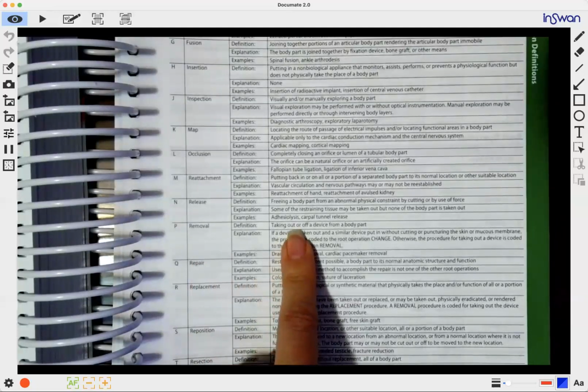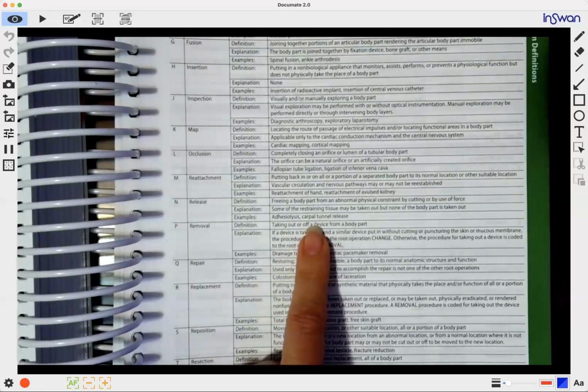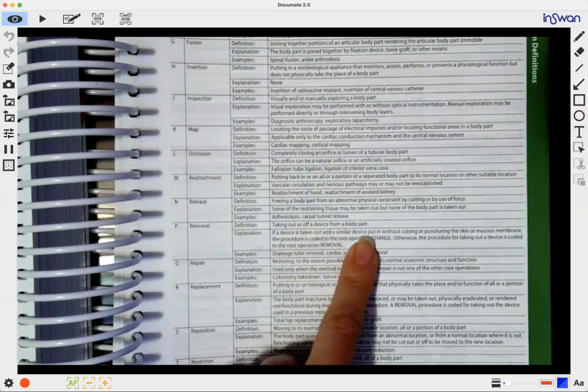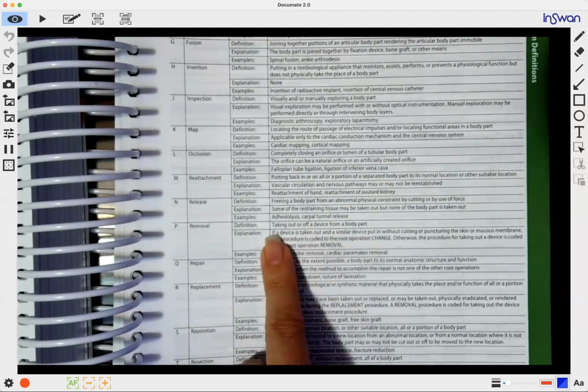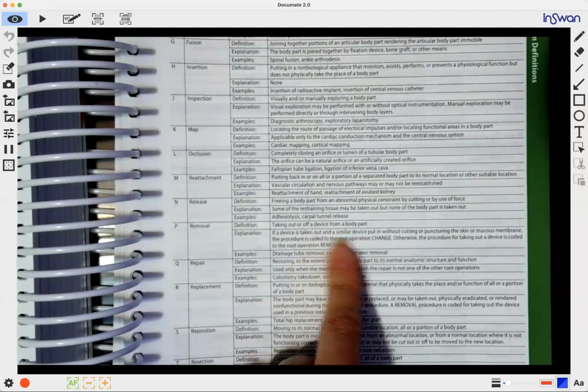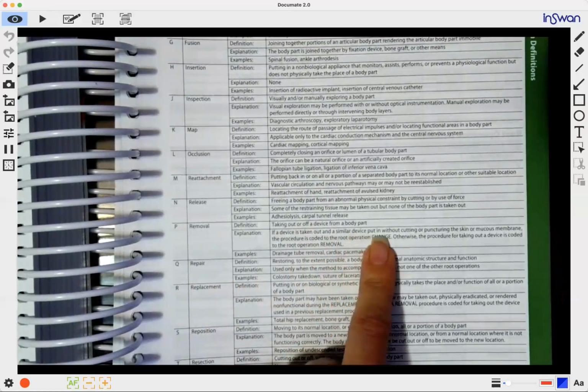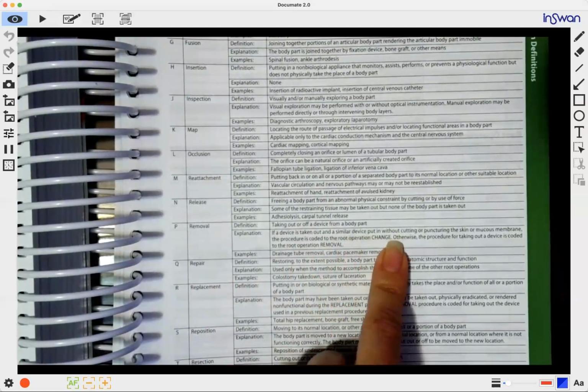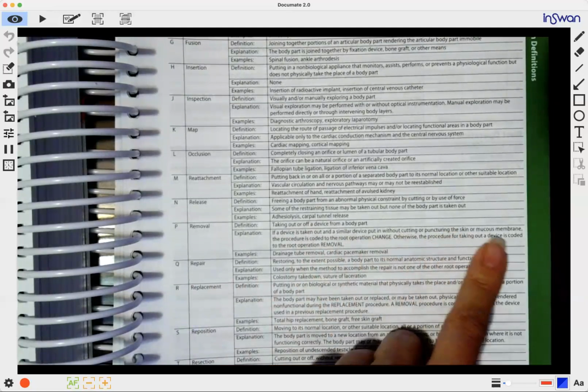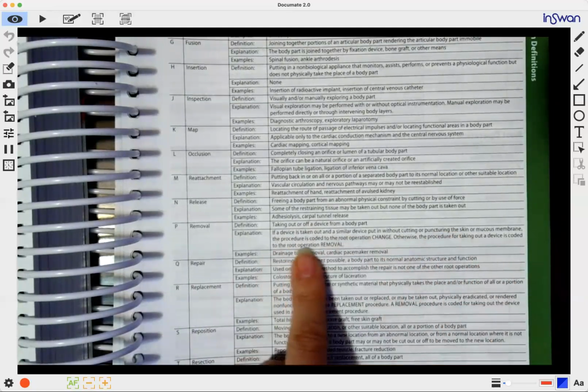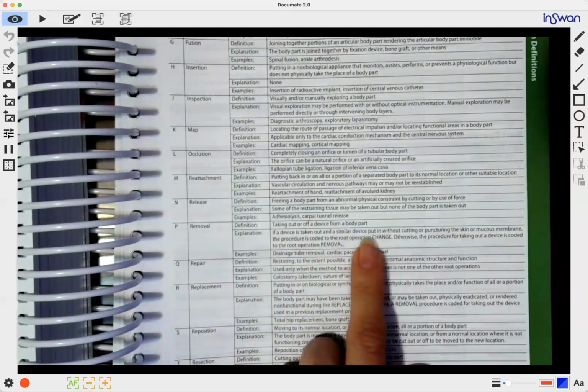Removal, taking out or off a device. So again, this one has to have a device. So they remove a device from a body part. If a device is taken out and a similar device put in without cutting or puncturing the skin or mucous membrane, the procedure is coded to the root operation change.